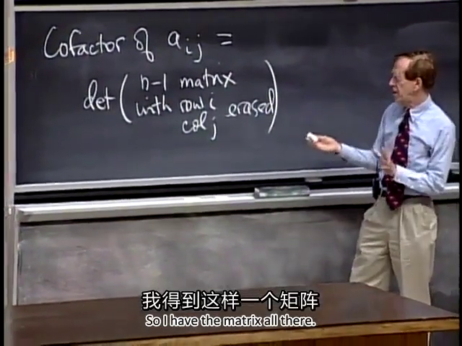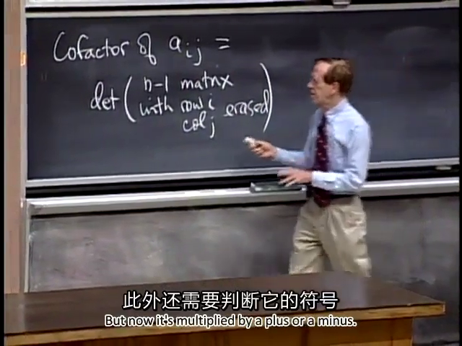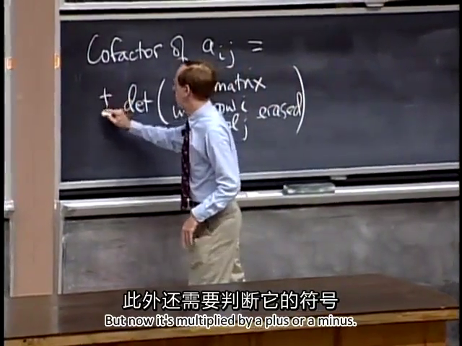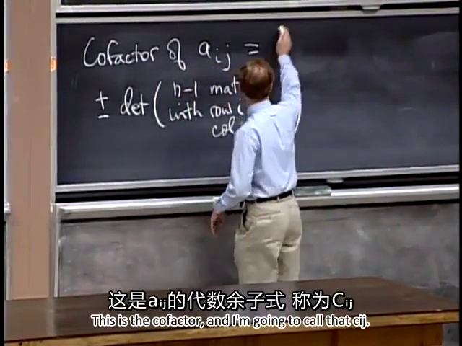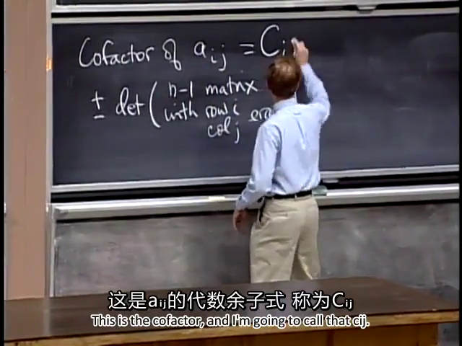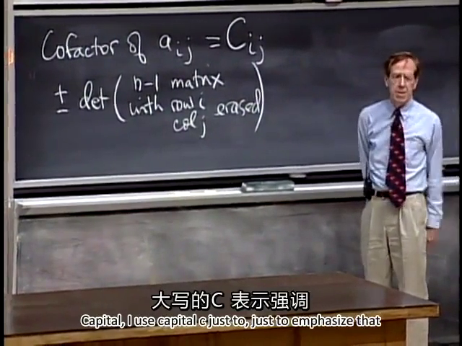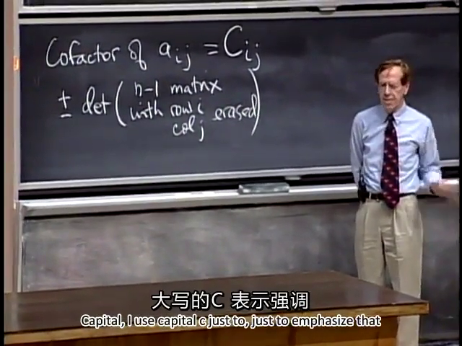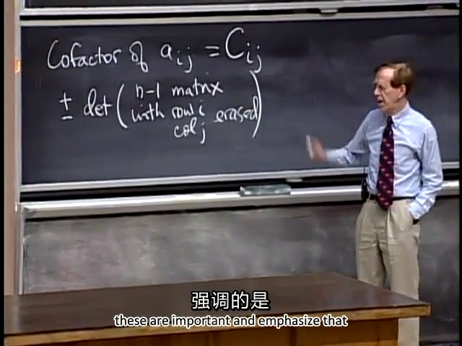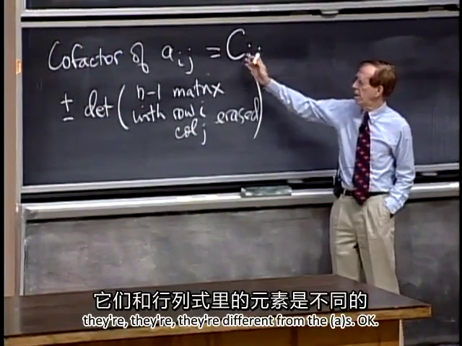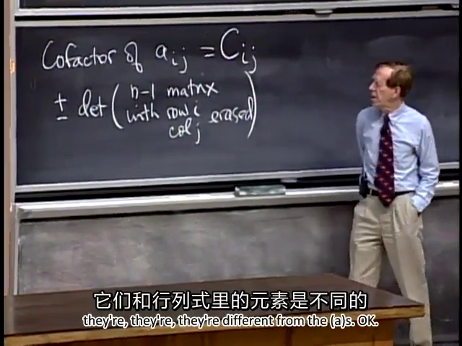So I have the matrix all there. But now it's multiplied by a plus or a minus. This is the cofactor, and I'm going to call that Cij. I'll use capital C just to emphasize that these are important and that they're different from the A's.